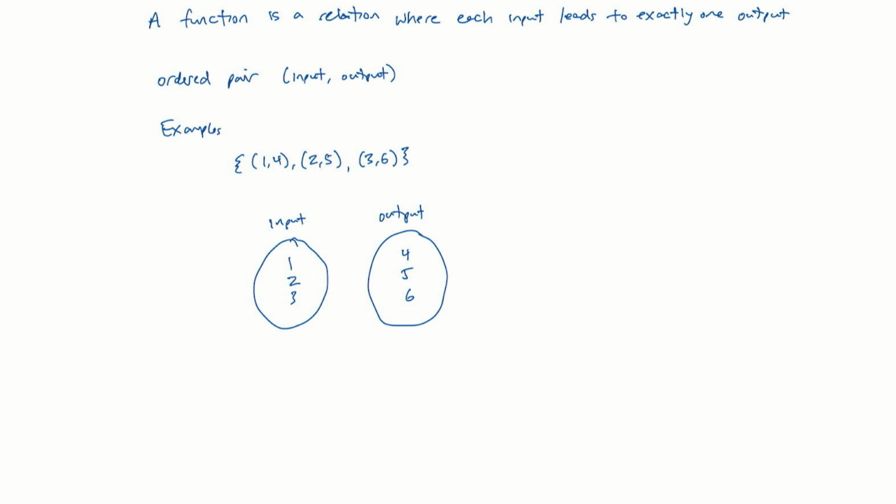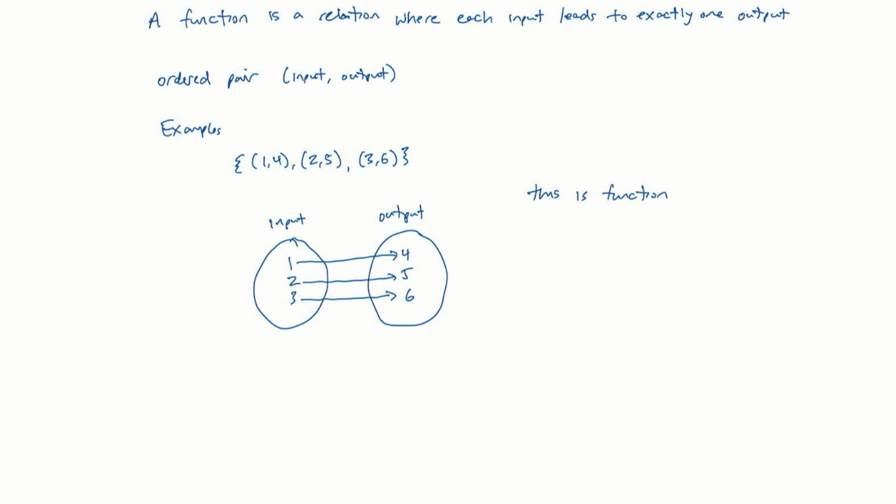And we see 1 and 4 go together, so if we input 1, we get out a 4. 2 and 5 go together, so if we input a 2, we get a 5. And then 3 and 6 go together, so if we input a 3, we get out a 6. And so this relation is a function.